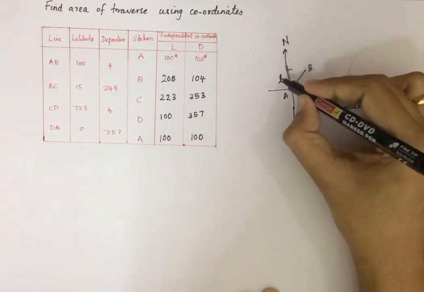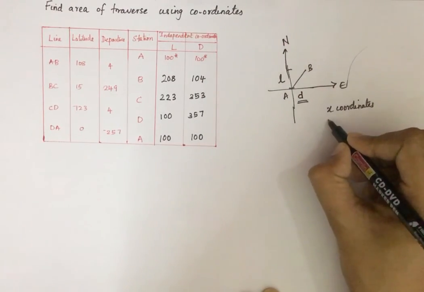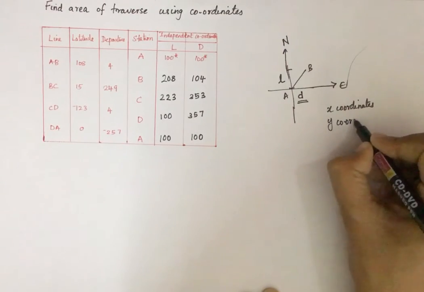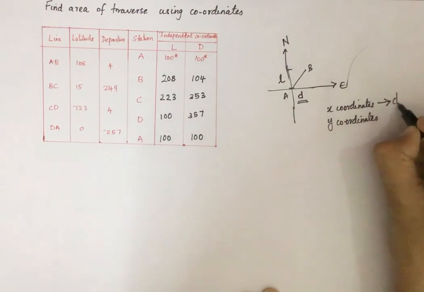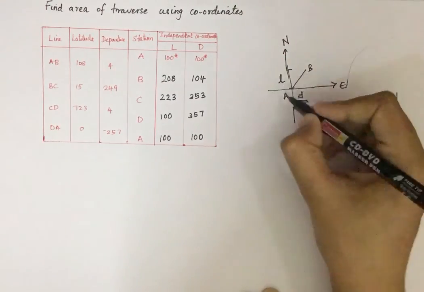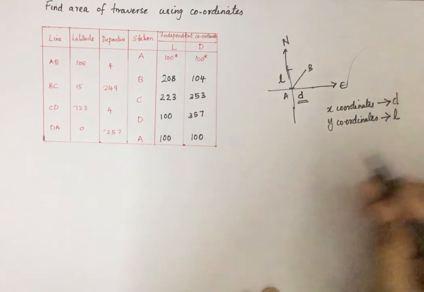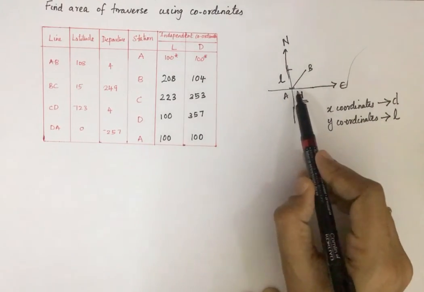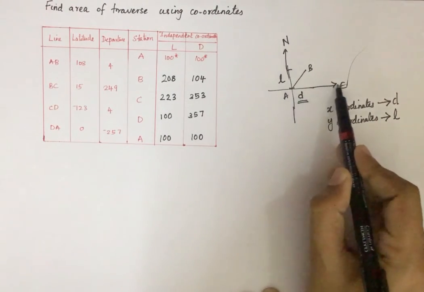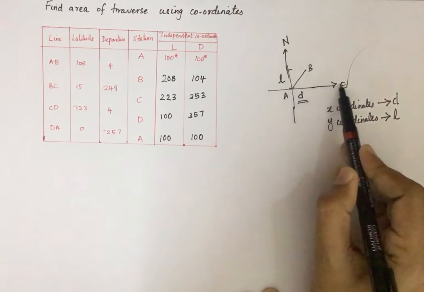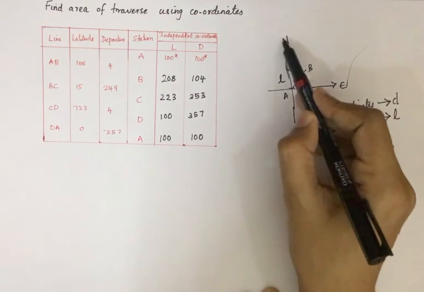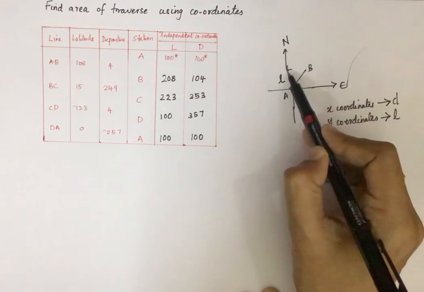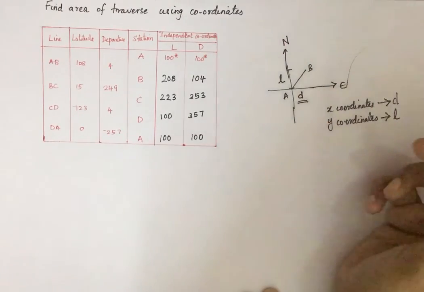Towards northing, the latitude will give you the y coordinates. So the x coordinate corresponds to departure and the y coordinate corresponds to latitude. Is it clear? When you consider the easting, this is the x coordinate, so departure will give you x coordinates, and northing will give you the y coordinate, that is nothing but the latitude.